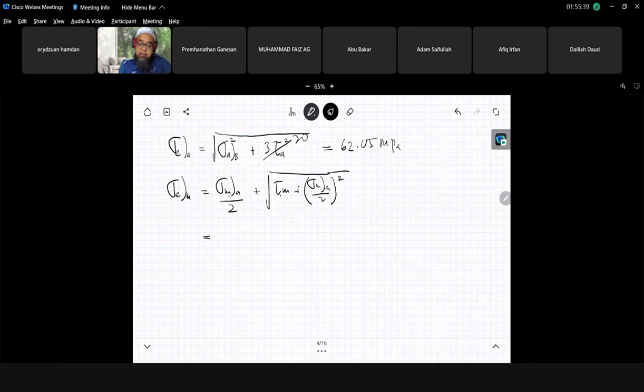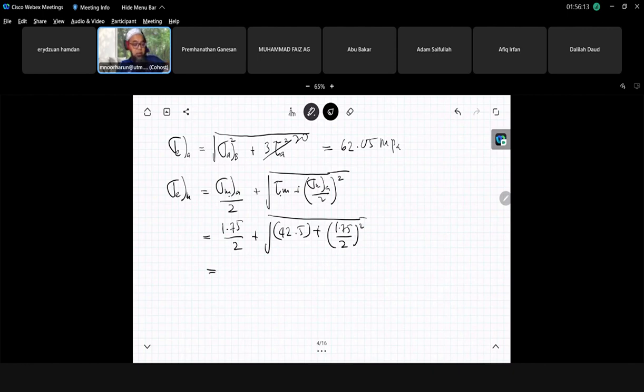Okay. For the axials means 1.75. Torque mean 42.5 plus 1.75 squared.